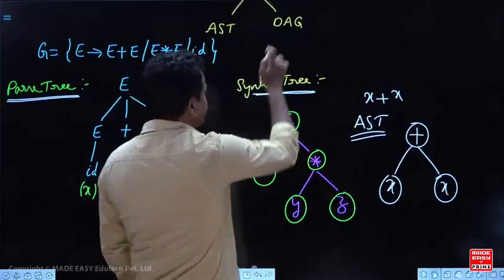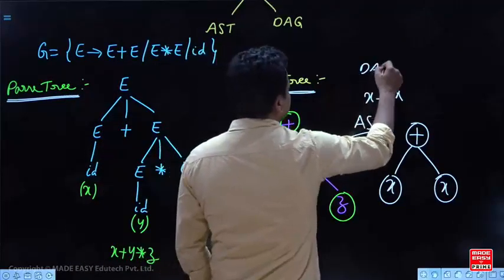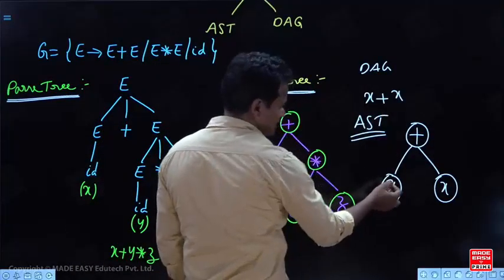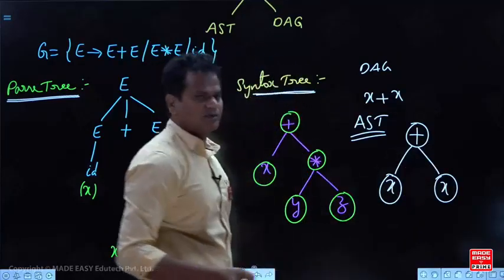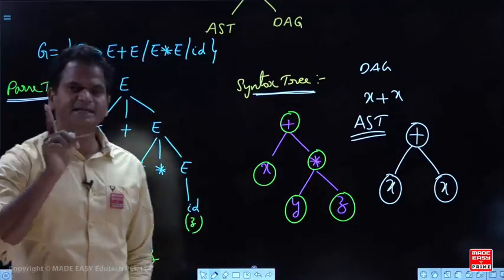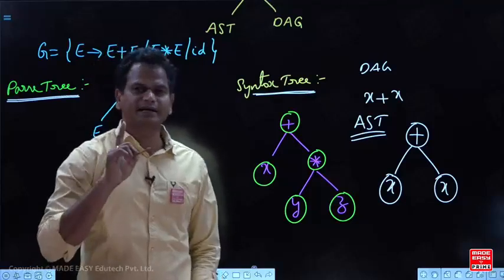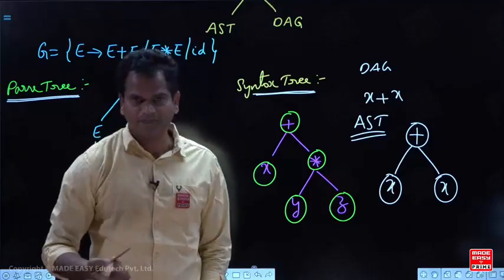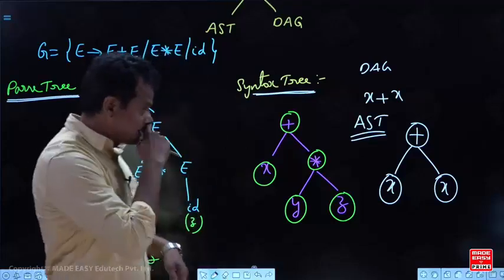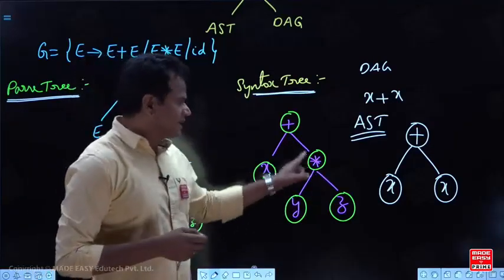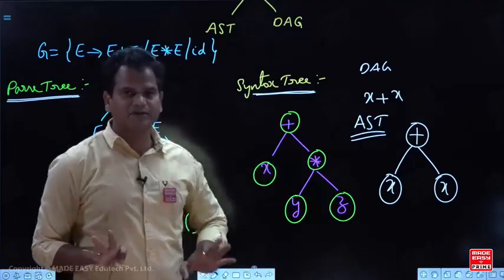Whereas in a DAG, if a node is already created, say we have created x here, again we are creating x one more time, but in a DAG we don't create any node repeatedly. I am talking about only the leaves in a DAG; the internal operators you can create any number of times.